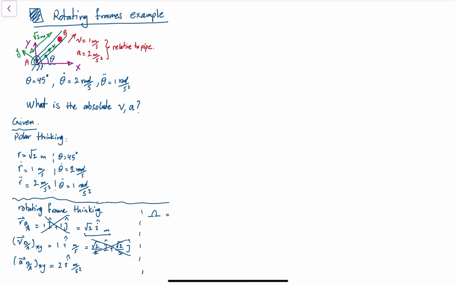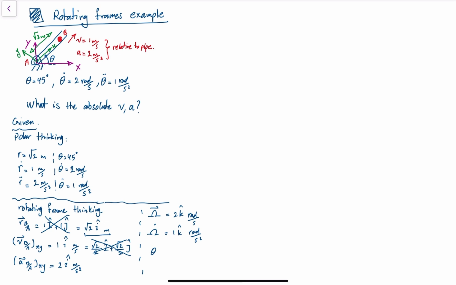This one is the same as that omega, but I need the vector form, and it is in the positive k direction, 2k radians per second. And my omega dot, instead of using alpha, we use big omega dot to denote the angular acceleration of a frame. That one is in the same direction, magnitude 1 in k direction, radians per second squared.